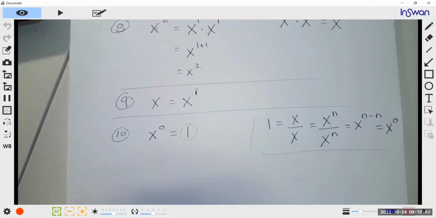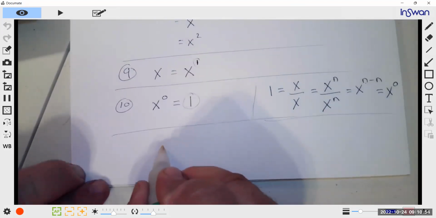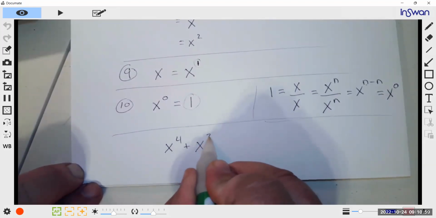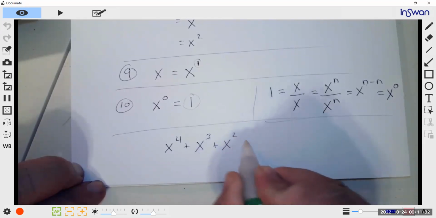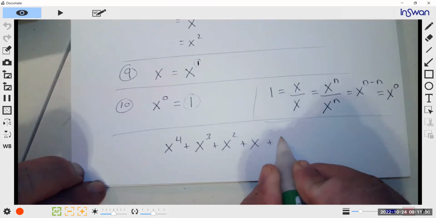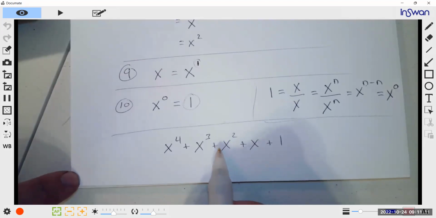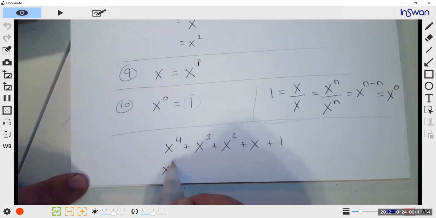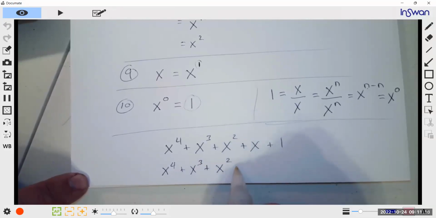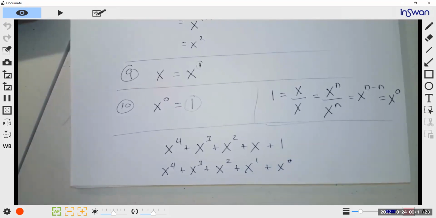Okie doke. Which now helps us understand polynomials, x to the 4th, x to the 3rd, x squared, x. Because what this really means, this one has 4 x's, this one has 3 x's, this one has 2 x's, this one has 1 x, and this one has no x's.